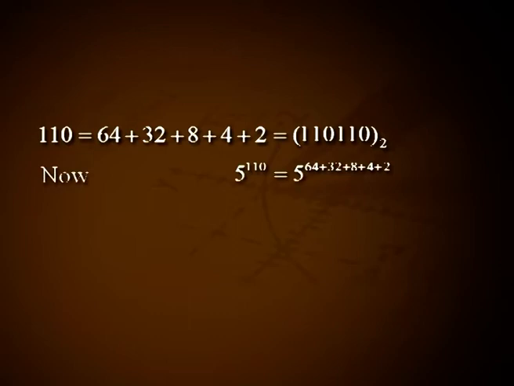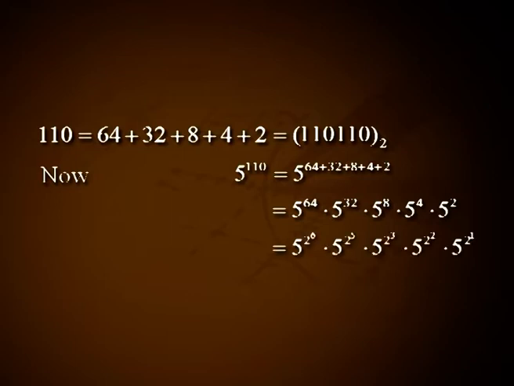Now 5 raised to 110 is equal to 5 raised to 64 plus 32 plus 8 plus 4 plus 2, which is equal to 5 raised to 64 into 5 raised to 32 into 5 raised to 8 into 5 raised to 4 into 5 square, which is equal to 5 raised to 2 raised to 6 into 5 raised to 2 raised to 5 into 5 raised to 2 raised to 3 into 5 raised to 2 raised to 2 into 5 raised to 2 raised to 1.